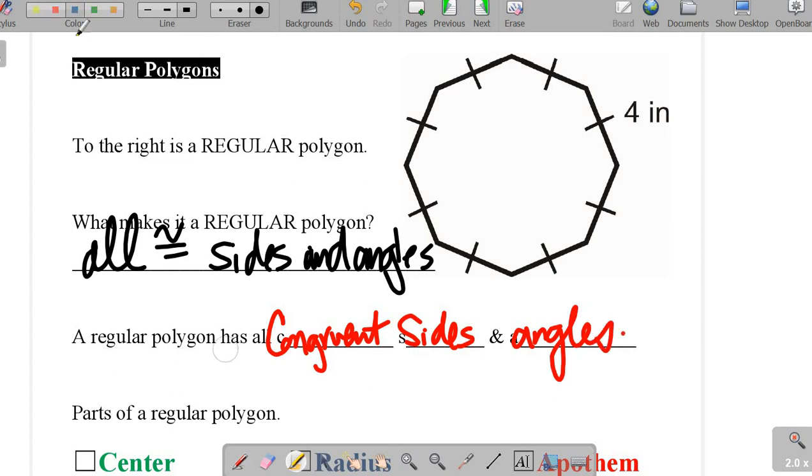Very important you understand that. So if this is regular and you walk it all around, all those sides are going to be congruent and all the corresponding angles on the inside are going to be congruent. That's the definition of a regular polygon. So in about the next 8 minutes, the equation that we go over together only works for regular polygons. That's really important you understand that.